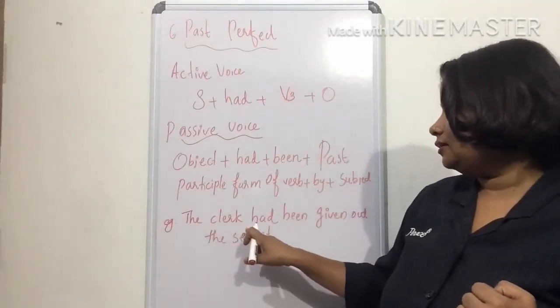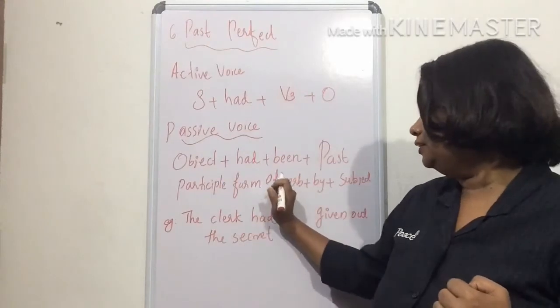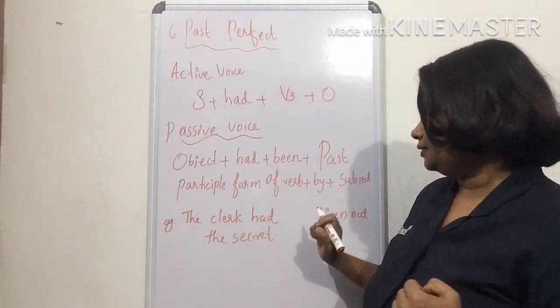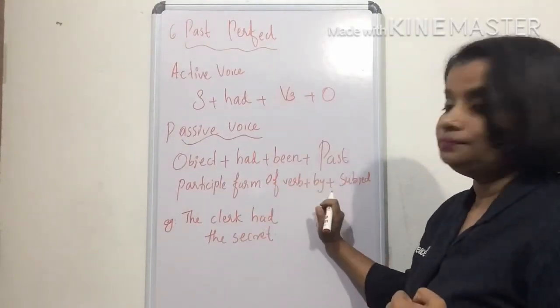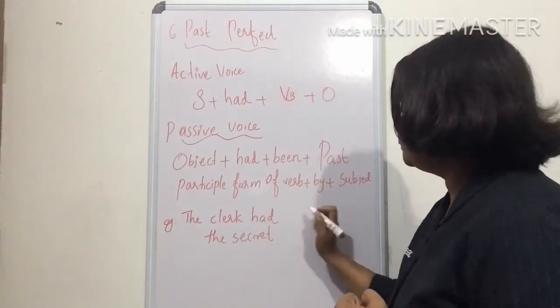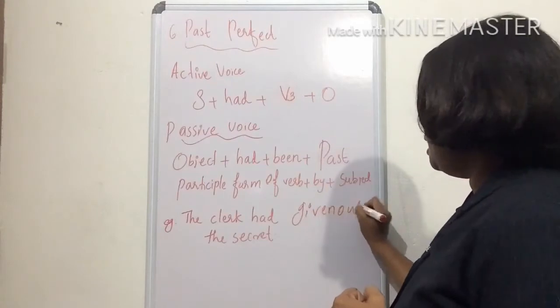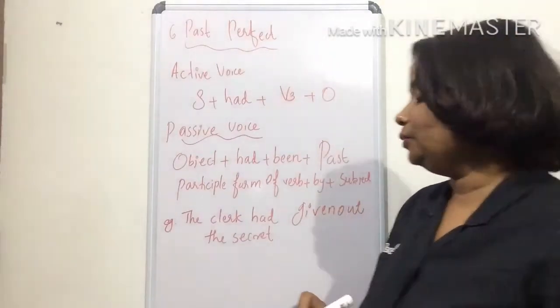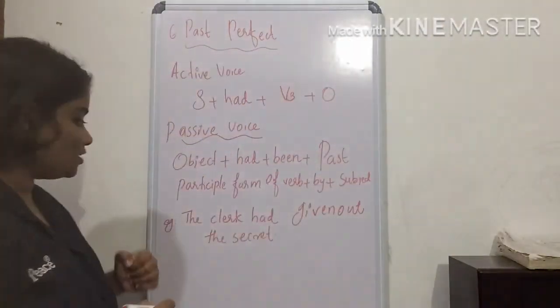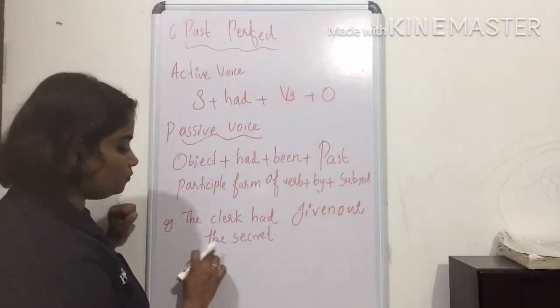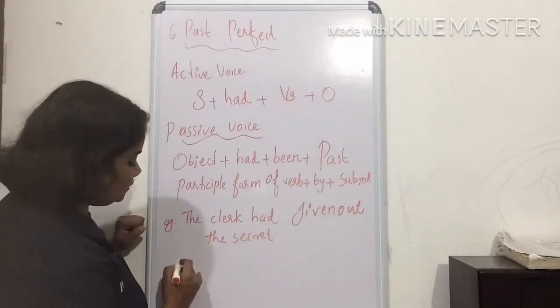The clerk had given out the secret. Okay, so let's try to transform the statement. Which is the object over here? Yes, the secret.